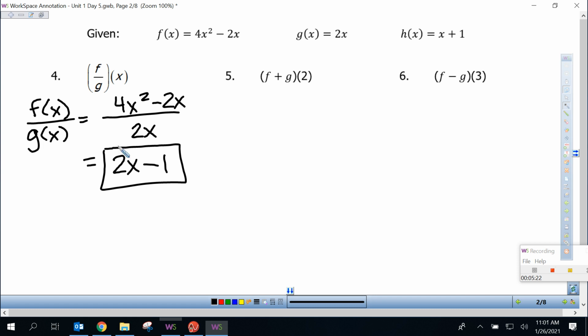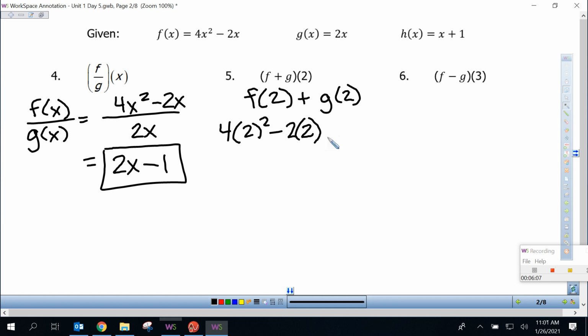Number 5. How did this one change from problem number 1? They defined x to be what value? 2. So I can rewrite this as f of 2 plus g of 2. So that means I need to go to the f equation, and what do I substitute in for the x value? 2. So we need to do 4 times 2 squared minus 2 times 2.